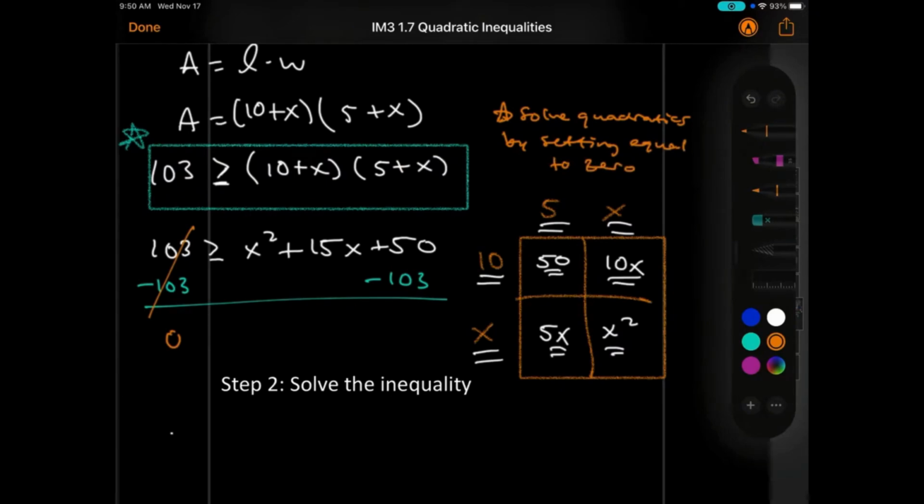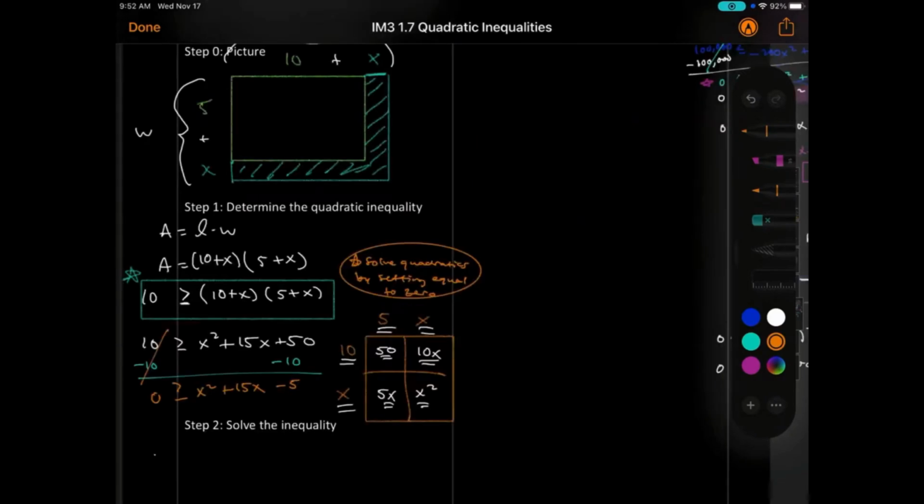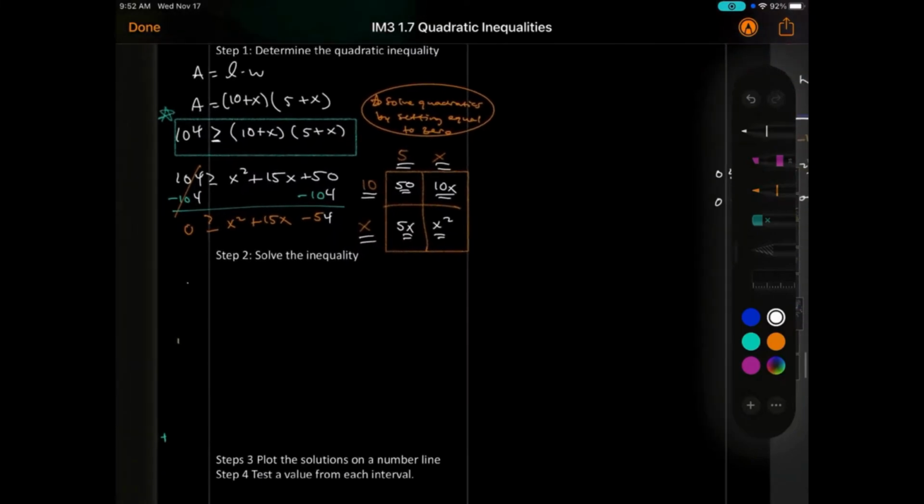Okay. And I believe this is going to be negative 53. I realized that it's 104. And this would give me negative 54.